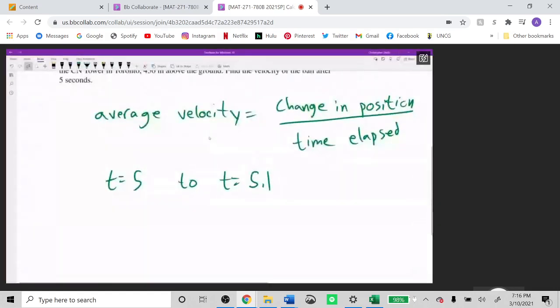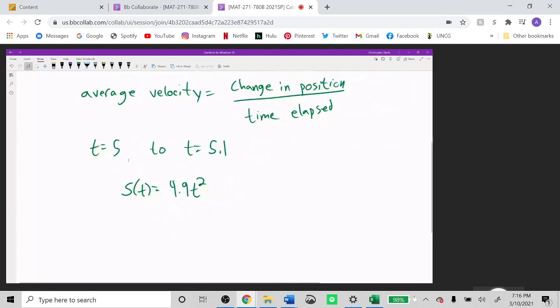So my average velocity here is, and I suppose I should rewrite the equation that we had: s of t equals 4.9 t squared, right? So my average velocity is change in position over change in time. My change in position is s of 5.1 minus s of 5, and my change in time is 5.1 minus 5. Do we agree that this is my average velocity from 5 to 5.1 seconds?